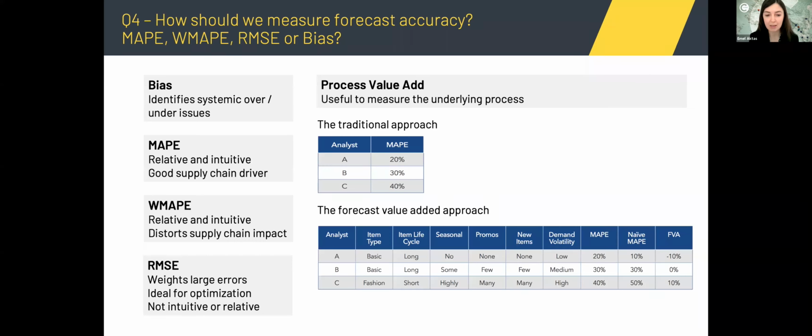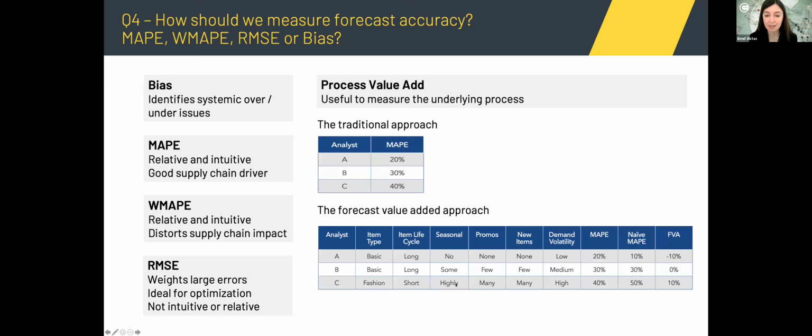So in essence, in the first line corresponding to analyst A, unfortunately, they do not really add value with their corrections to the forecasts. So the forecast value added is in fact negative here. They can't improve upon a forecast coming from the system. Whereas if we look at analyst C, they are managing a fashion item with a short shelf cycle.